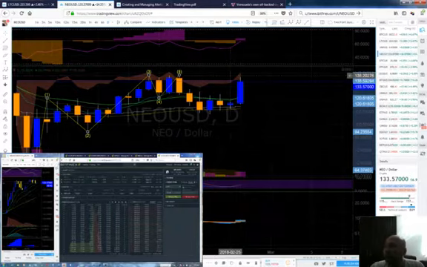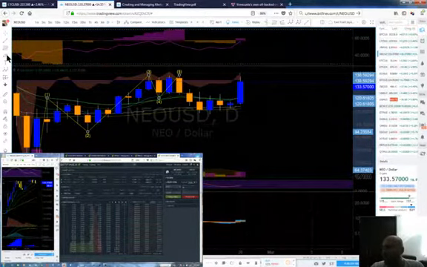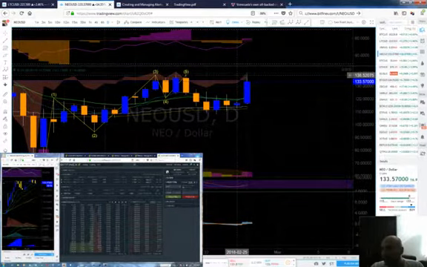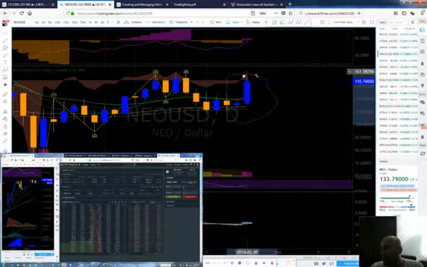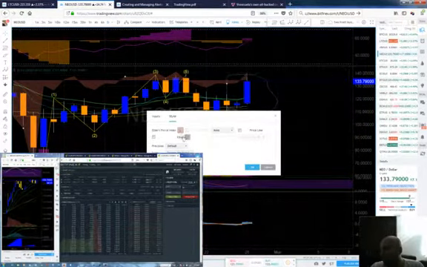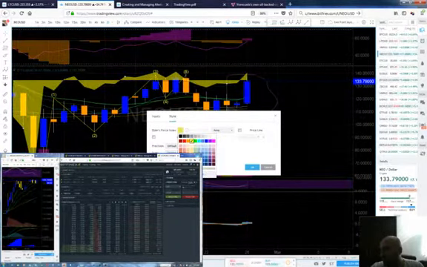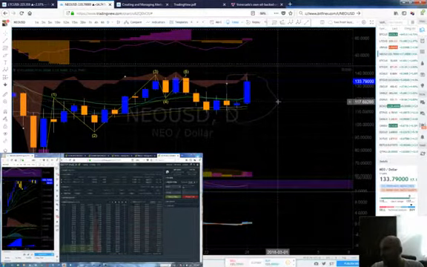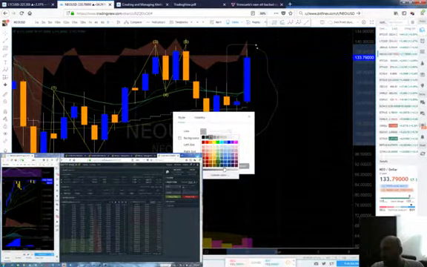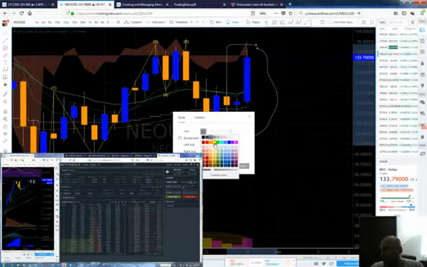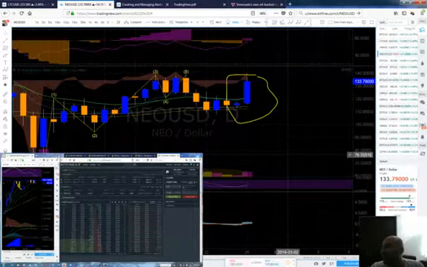And if you made a mistake and this blue candle becomes bearish, right?